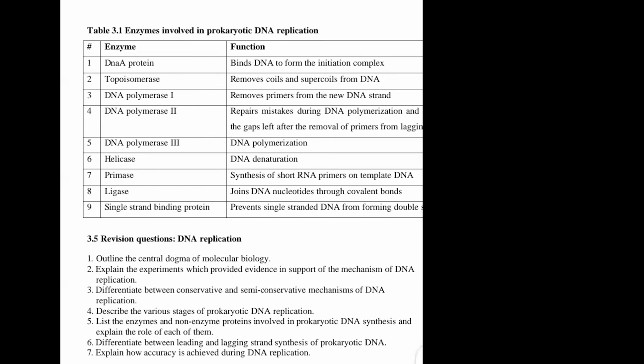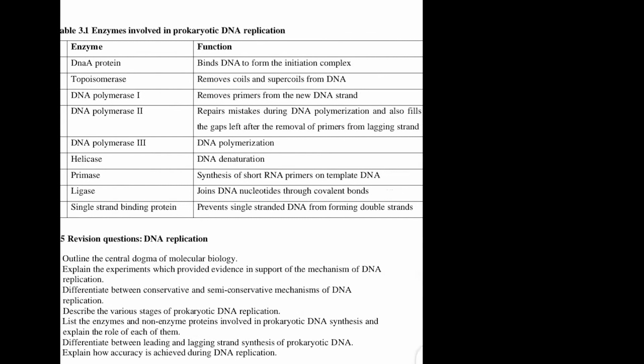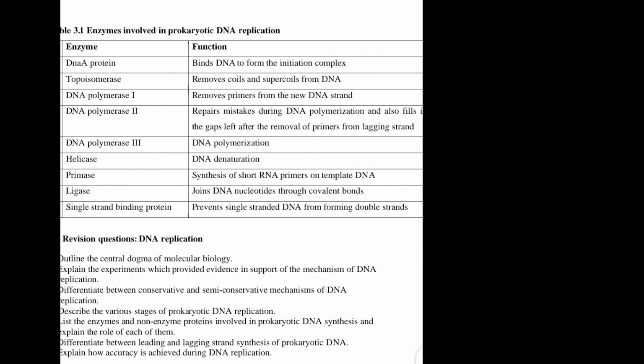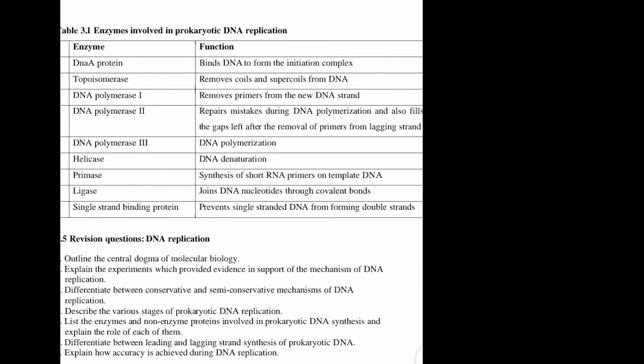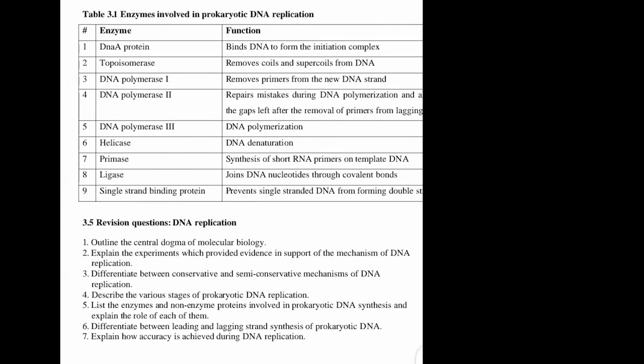Then you've got DNA polymerase 1, 2, and 3. DNA polymerase 1 is the one that removes the primers from the new DNA strands. DNA polymerase 2 is involved in repairing mistakes during DNA polymerization, and also fills in the gaps left after the removal of primers from the lagging strand. DNA polymerase 3 is the one responsible for DNA polymerization, for formation of the new strand.